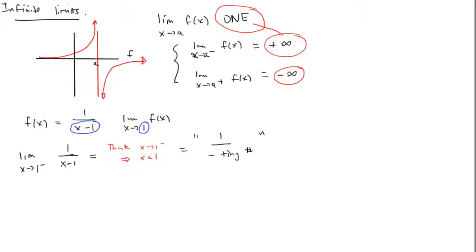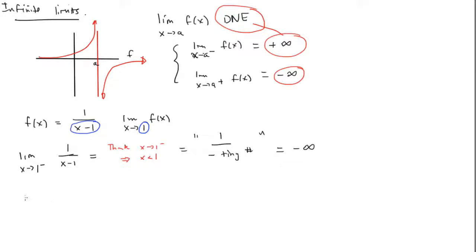That's pretty big. And if I were to make x a lot closer to 1, like 0.9999999, subtract 1, I still have a negative number, but it's ridiculously tiny. And 1 over tiny numbers are ridiculously big, with a negative out front, makes it ridiculously negative. So from that argument, we should expect that this is minus infinity.